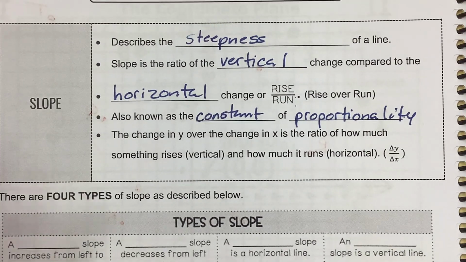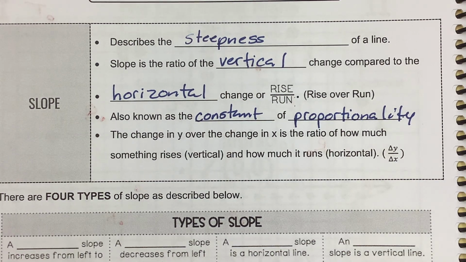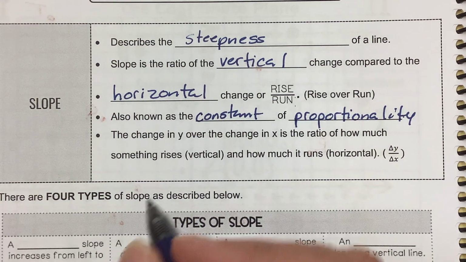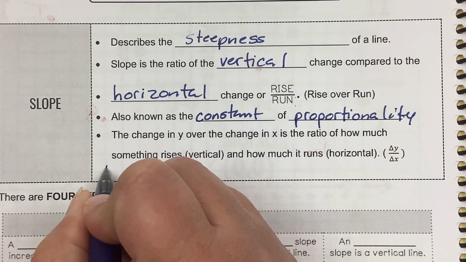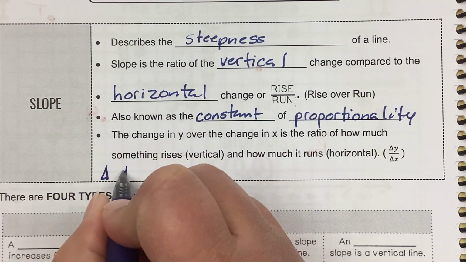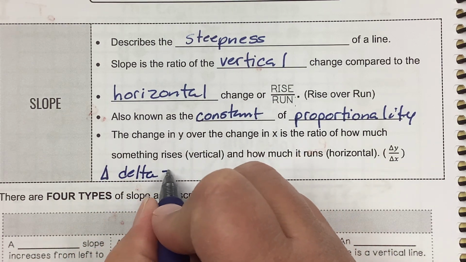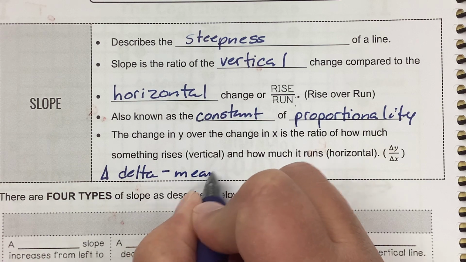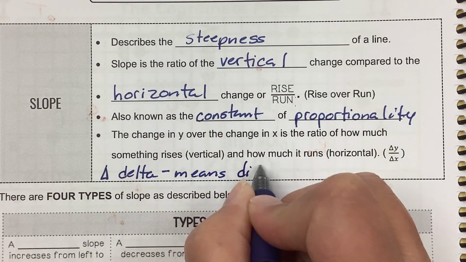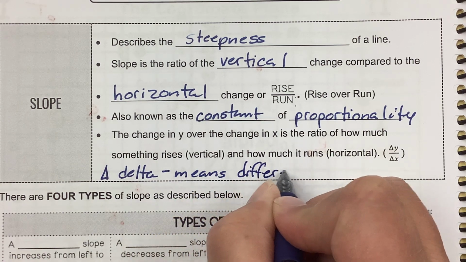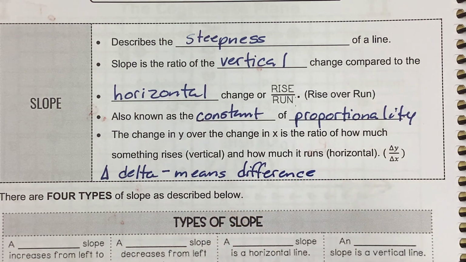Now, you might have heard of delta before. We've done some delta math. You might have flown on a Delta airplane. Delta means difference. So this triangle isn't a triangle at all. It's a delta. And delta means difference, because delta is kind of like a D, and difference begins with a D. So delta is difference.